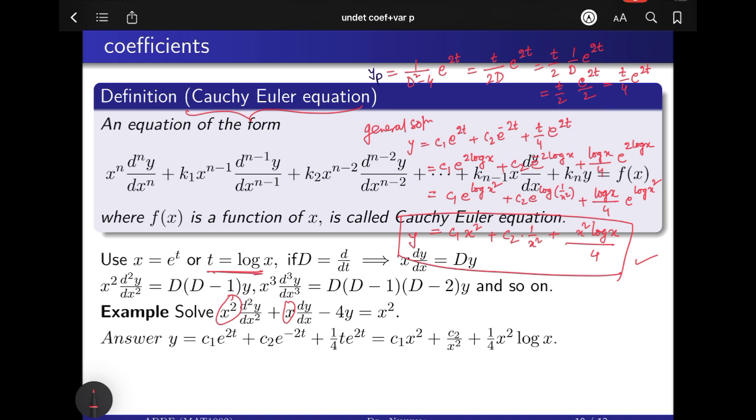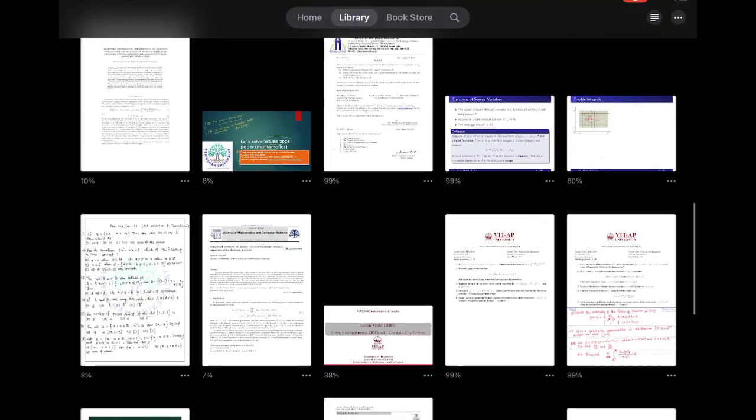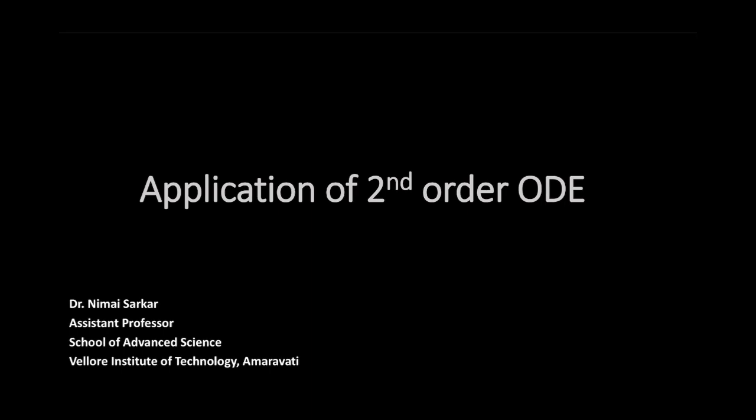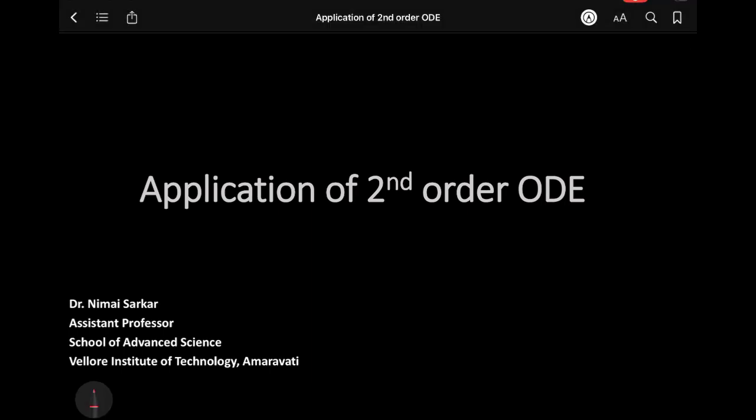Now we are moving to the application part of differential equation. Okay, so if you have any doubt or question, you can drop your query in the comment section. Now we are moving to that part. So here you have the application of second order differential equation, second order ODE.